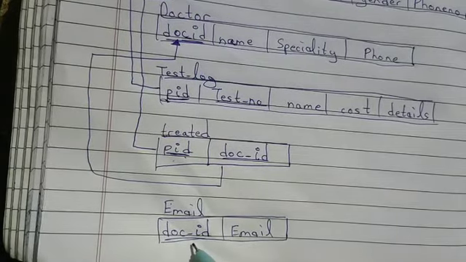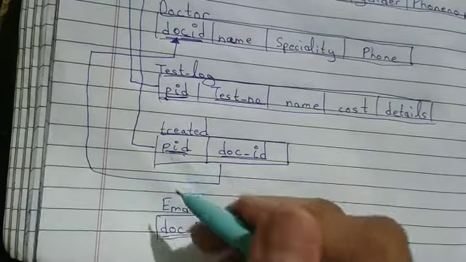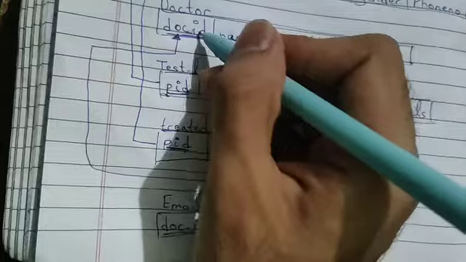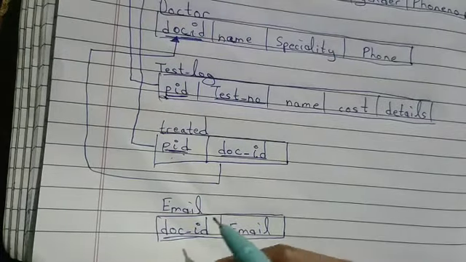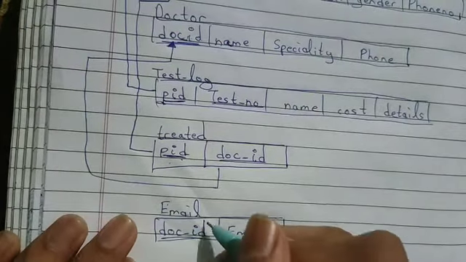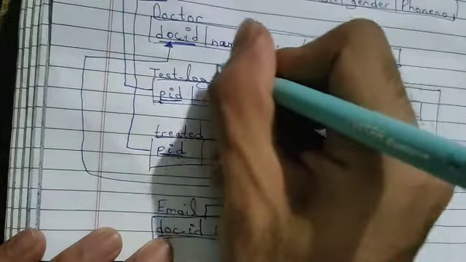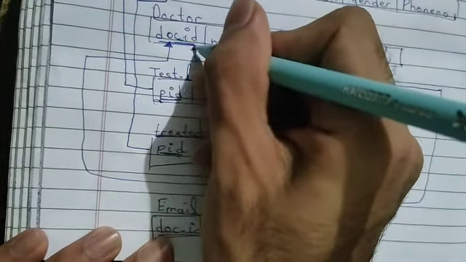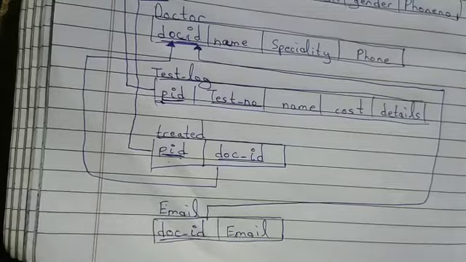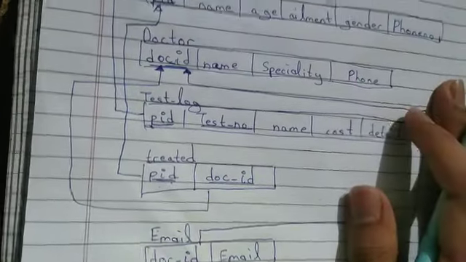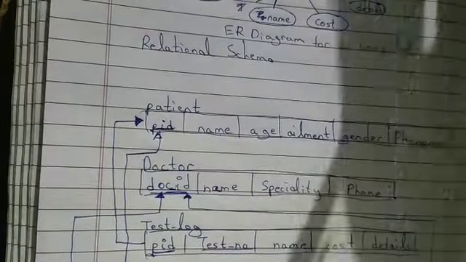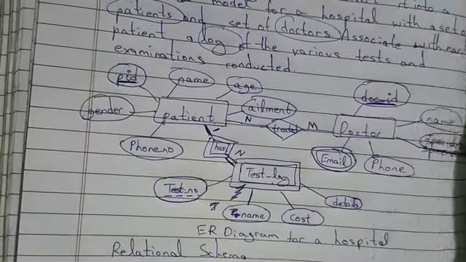And since we are referencing the doctor ID, we need to draw an arrow to the table from which we are referencing it. I could have drawn it from the other end also, but it was already a bit messy there, so I thought I'll go around and draw this. So I guess this is our relational schema for this ER diagram.